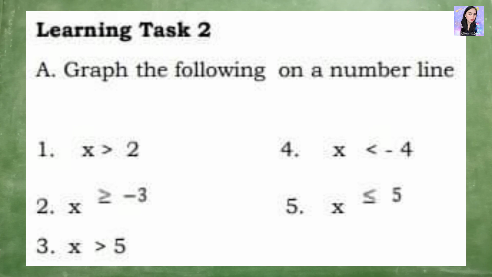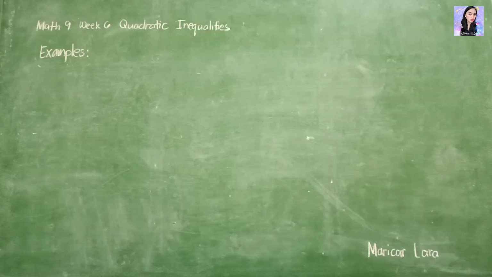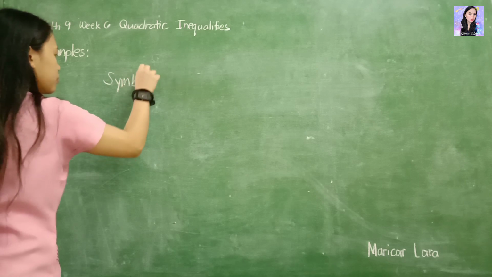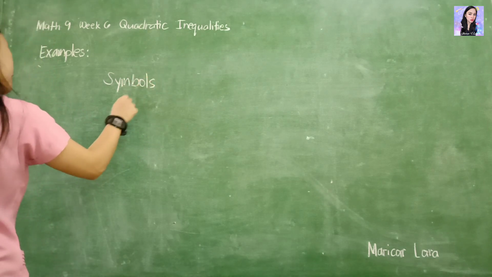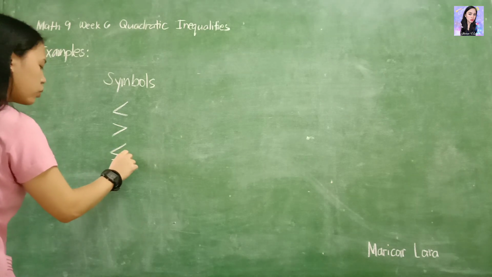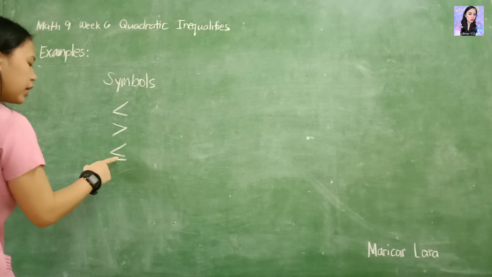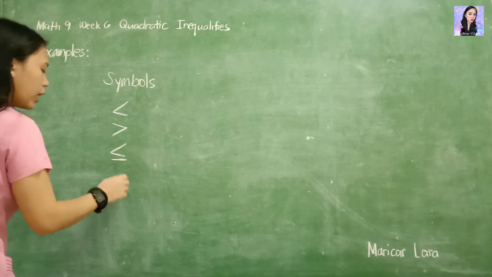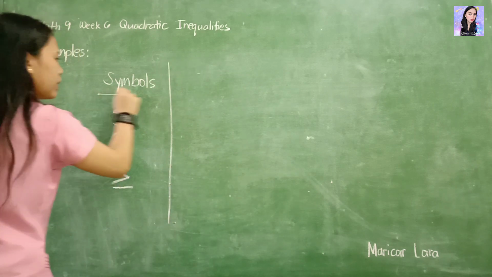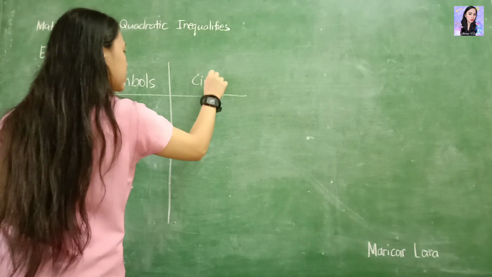So, bago tayo magkaroon ng examples, eto muna yung mga symbols ng ating inequality. So, we have less than, greater than, less than or equal to. Kapag may guhit sa baba, ibig sabihin merong or equal to. And then, greater than or equal to. And then, meron siyang circle according sa graph niya.